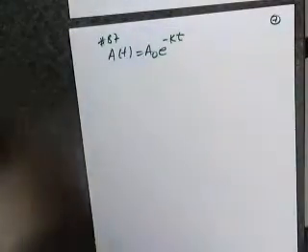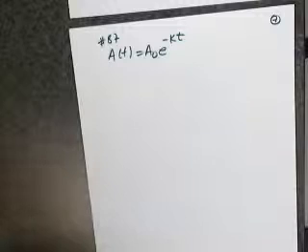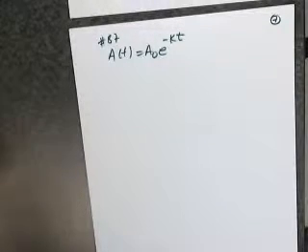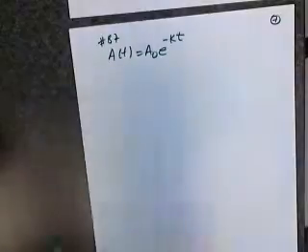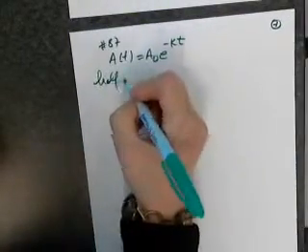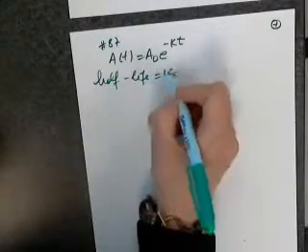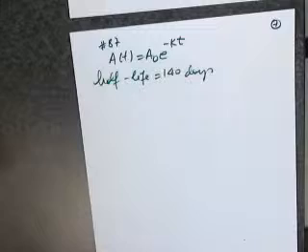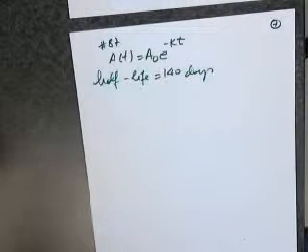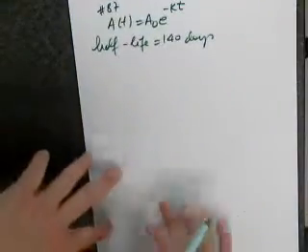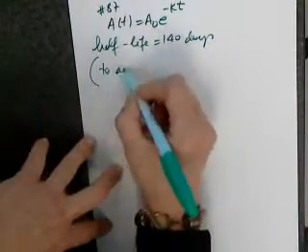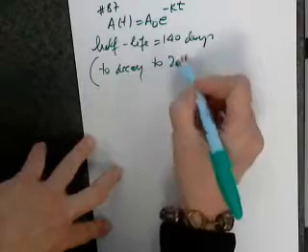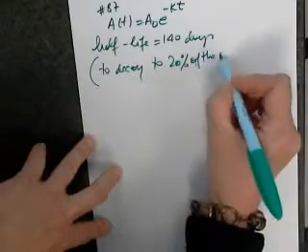Well, it's kt, they wrote it, but it's decay, so it's going to be negative in front. To solve this exercise, the half-life of polonium-210 is 140 days. How long will it take for a sample of this substance to decay to 20% of its original amount? So I'll put in parentheses, to decay to 20% of the original.